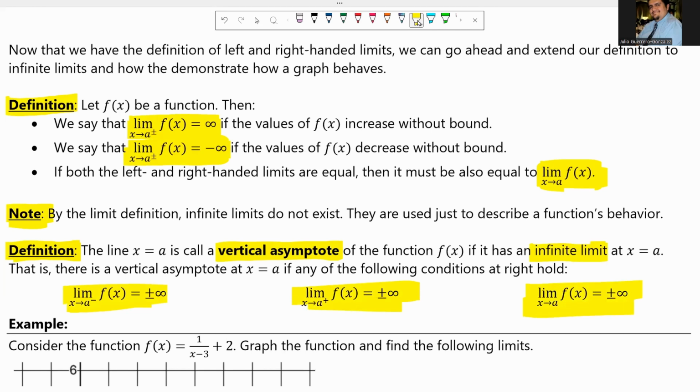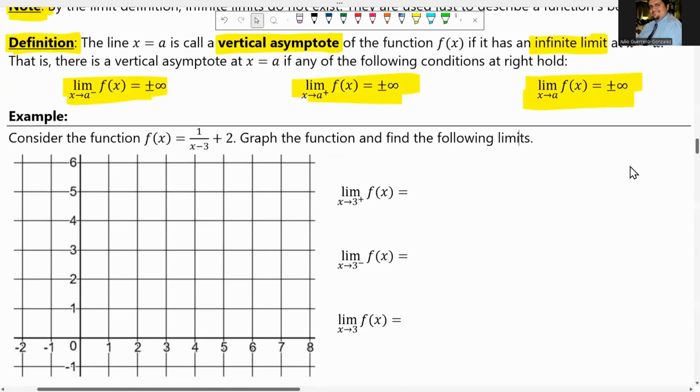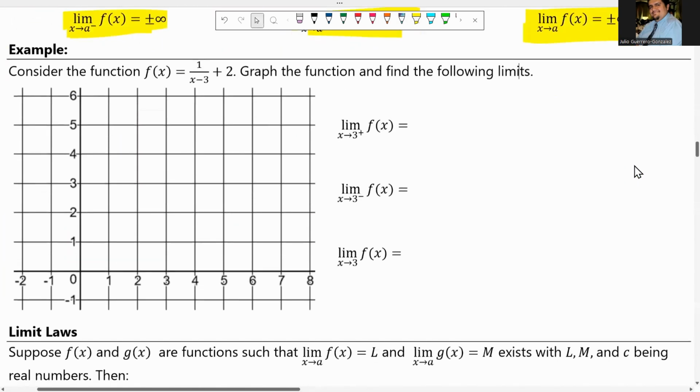Okay? All right. Let's show this off, huh? Suppose we have this function right here. We know sort of, kind of, that the graph of this does this, right? So there's going to be a vertical asymptote at positive 3.